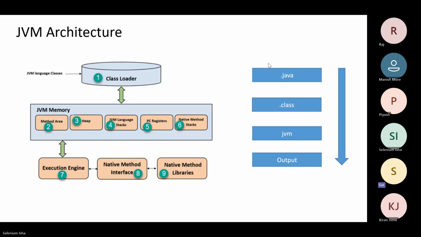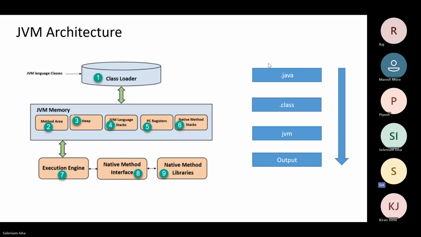For example, I showed you the WAR file, right? When I copy that WAR file into Tomcat and start my Tomcat, all the classes inside that WAR file will get loaded through something called the class loader.